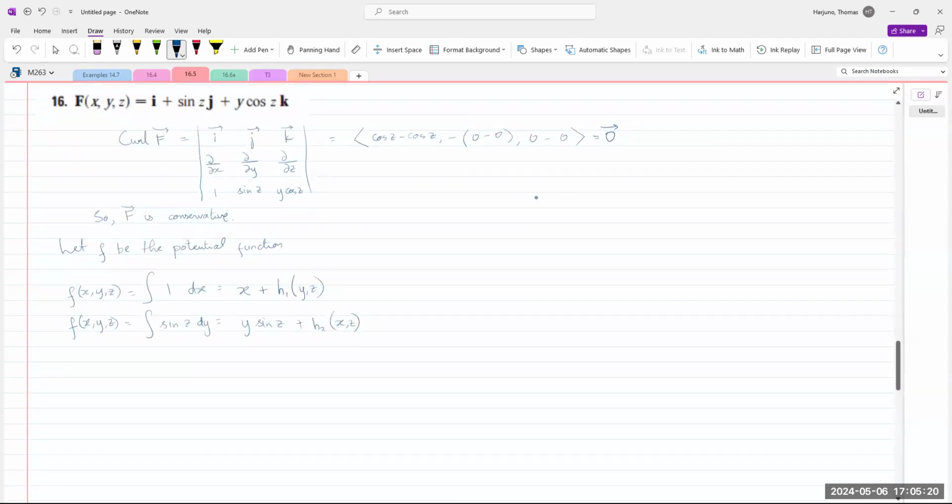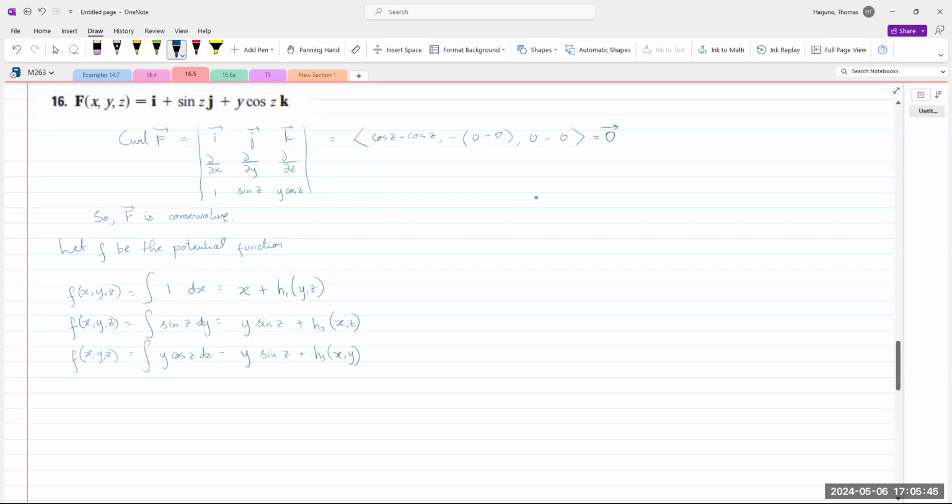And when we look at the third component, integral of y cosine z dz, this will give us y sine z plus a function dependent on xy only.